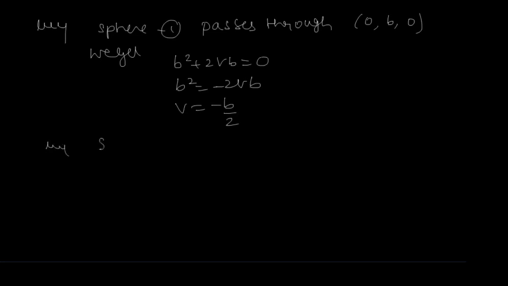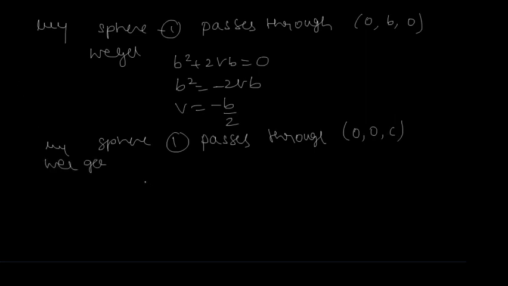And similarly sphere 1 passes through 0 0 c. So again substitute x equal to 0, y is equal to 0, and z is equal to c. So we get c square plus 2wc is equal to 0, or w is equal to minus c by 2.